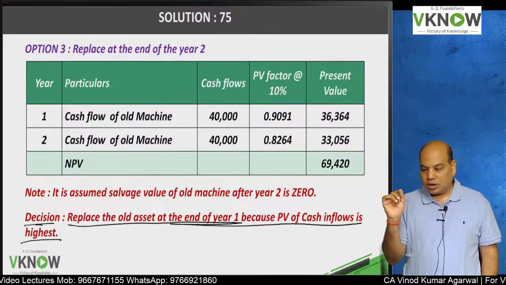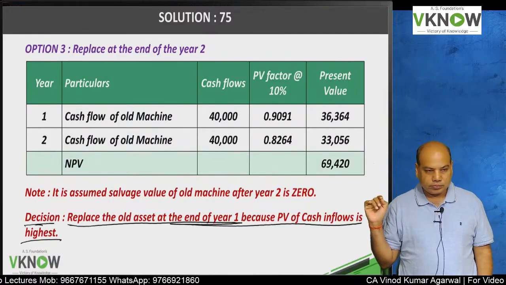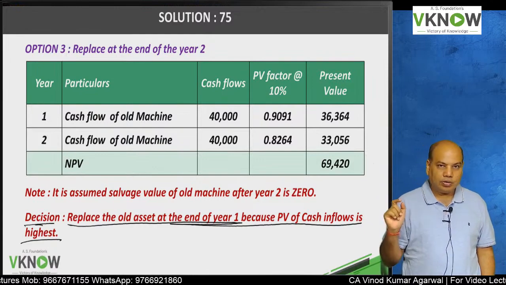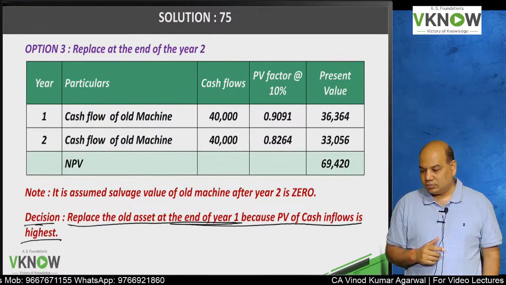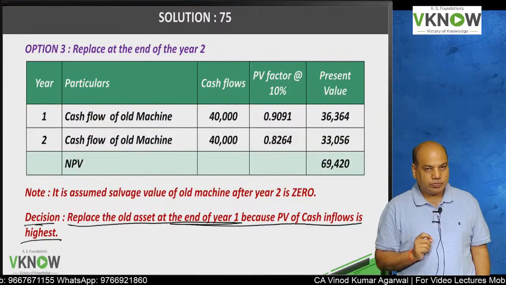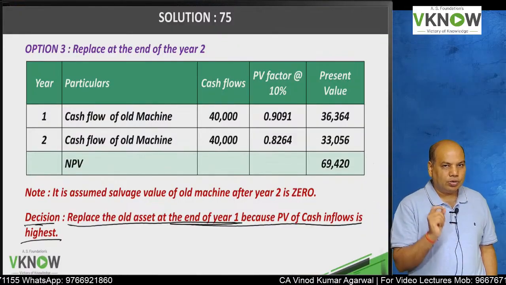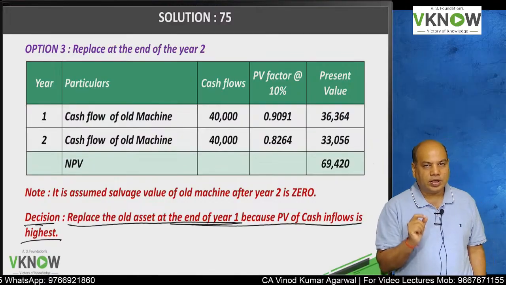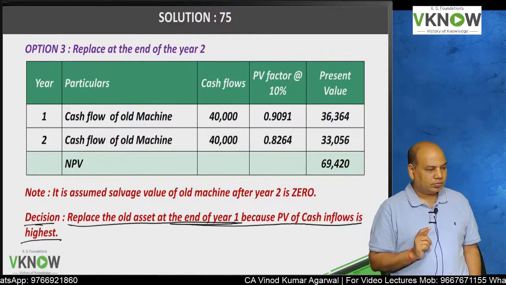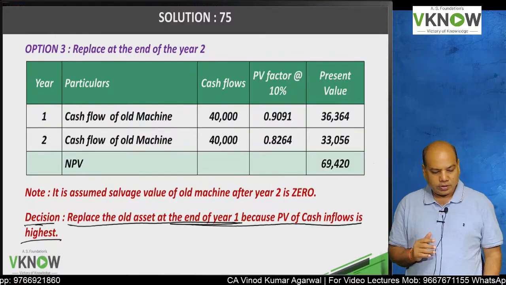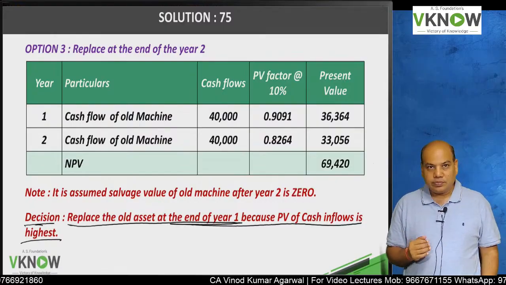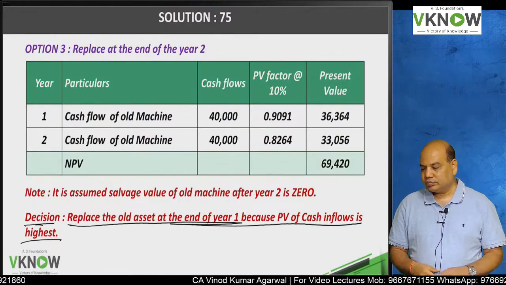Note, it is assumed that salvage value of the old machine after year 2 is 0. Not given, so we have to assume something. Is it right?